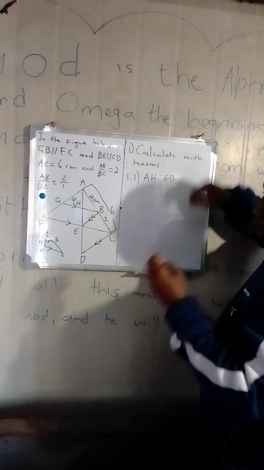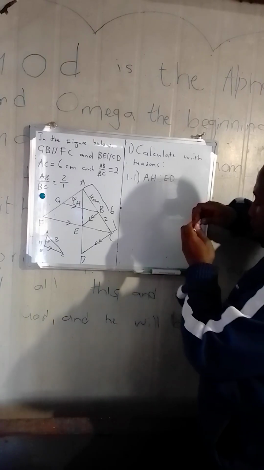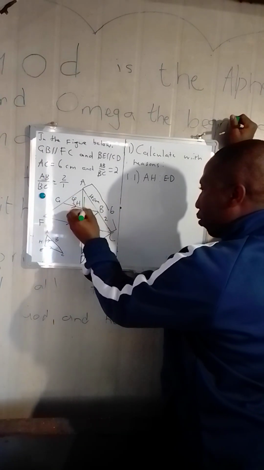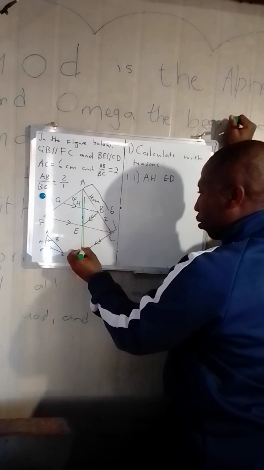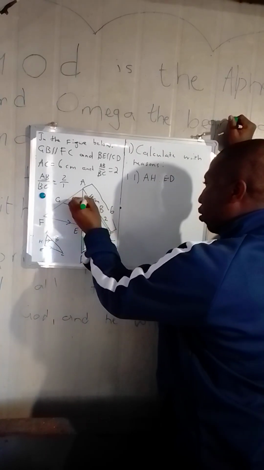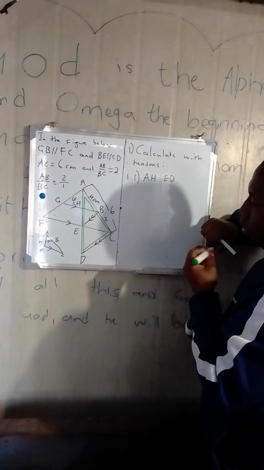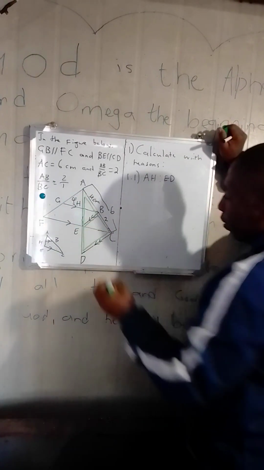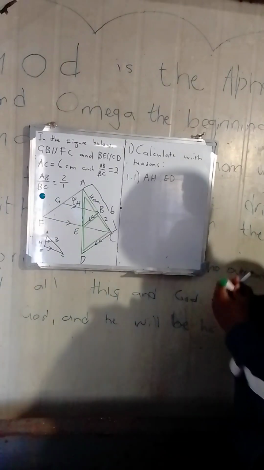So now you look at that triangle. You're going to look at this triangle now. This one, you see?